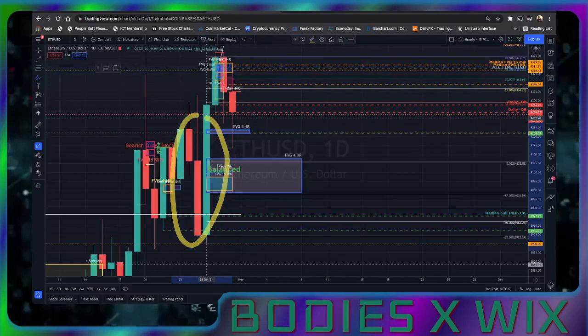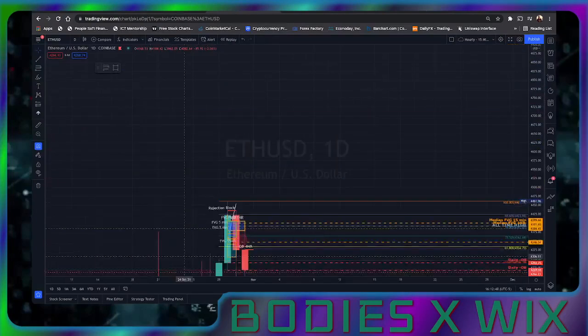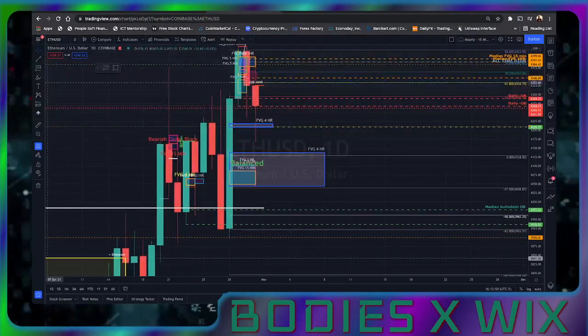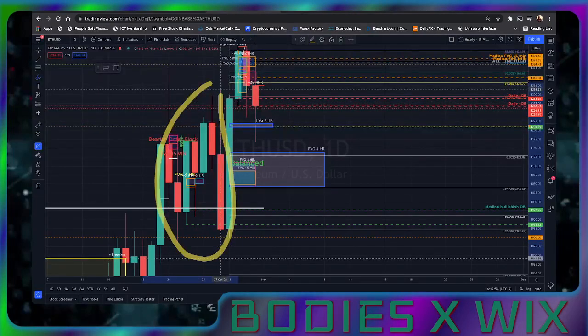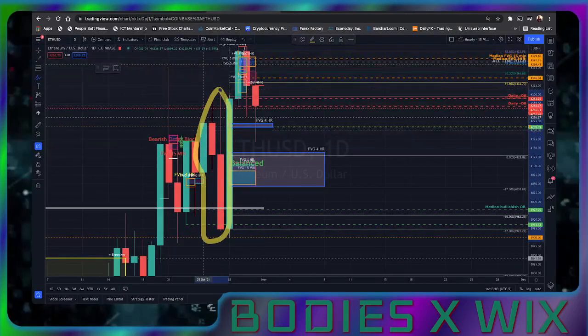Those 2 red down candles right there. Okay. Instead of doing that, I should have actually used the brush. That didn't work either. All right, those 2 red down candles are considered order blocks, or bullish order blocks, I should say.